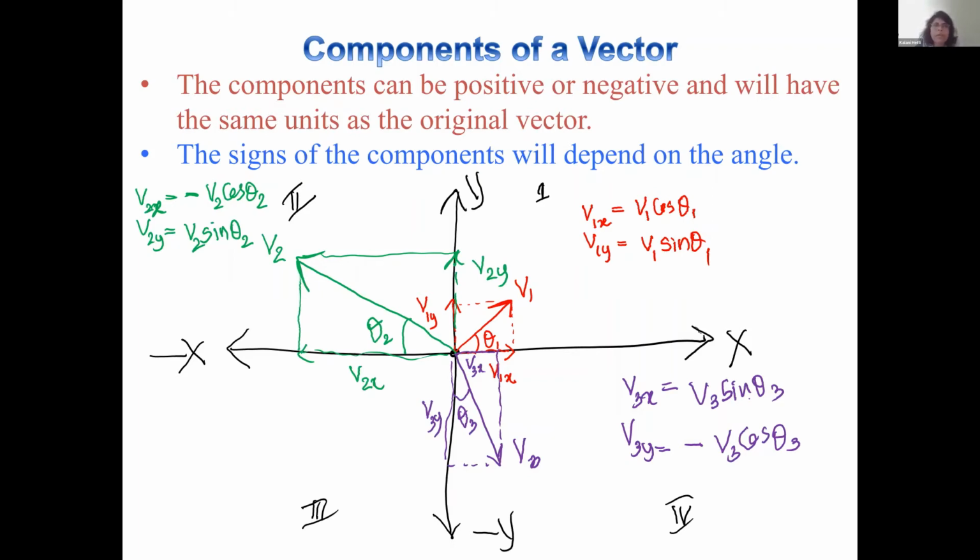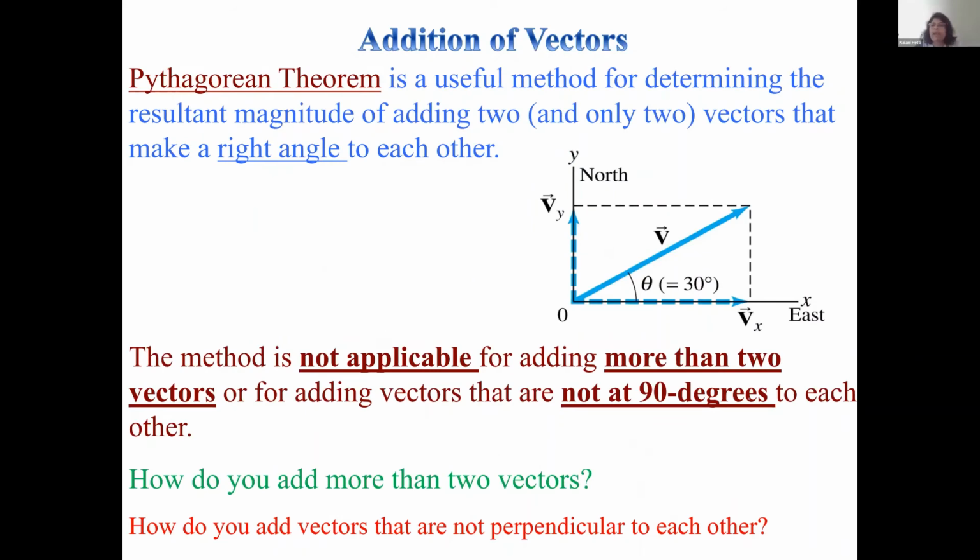Okay, now addition of vectors. I told you I can write a vector in any direction as its projection toward the x direction and its projection toward the y direction. After I find those projections, I will be able to find the resultant of that vector, exactly as I had earlier.